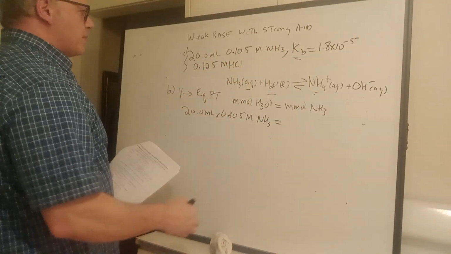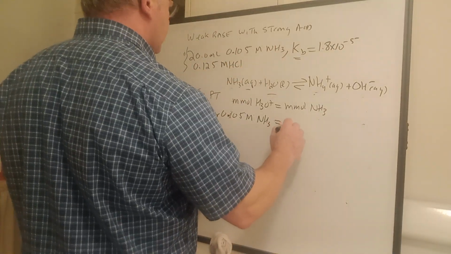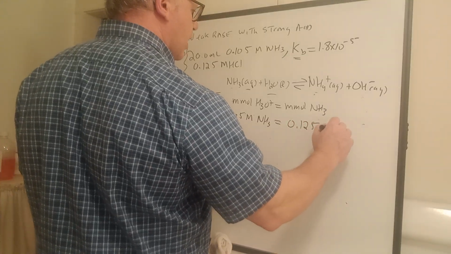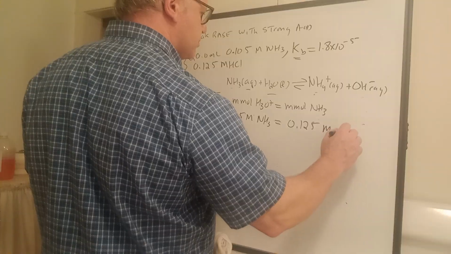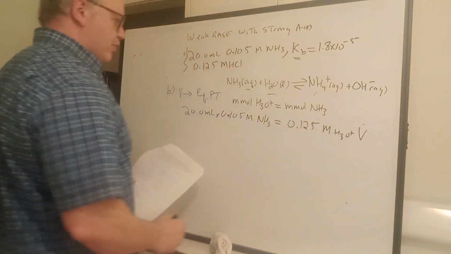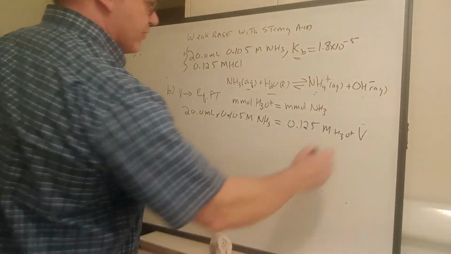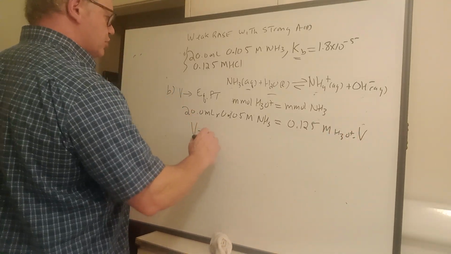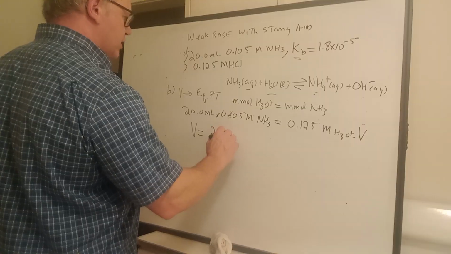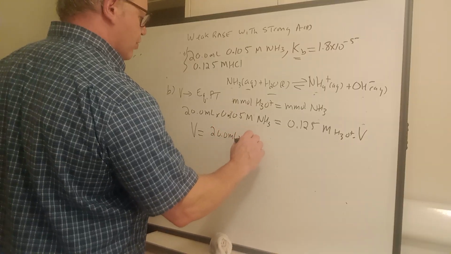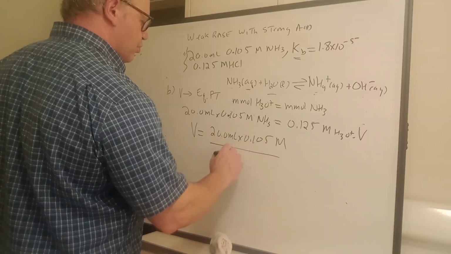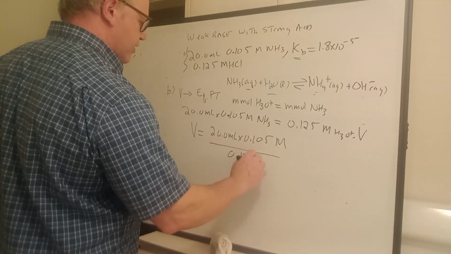We've got the ammonia, and that's going to be equal to 0.125 molar H3O plus times volume, right? There we go. So we're solving for that volume variable. So volume is going to be equal to 20.0 milliliters times 0.105 molarity over 0.125 molarity, so that cancels.